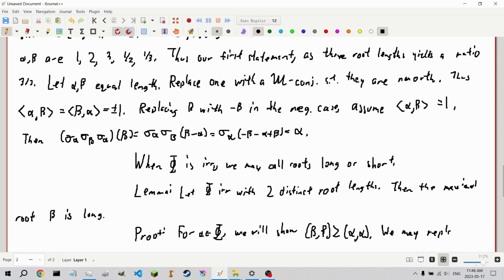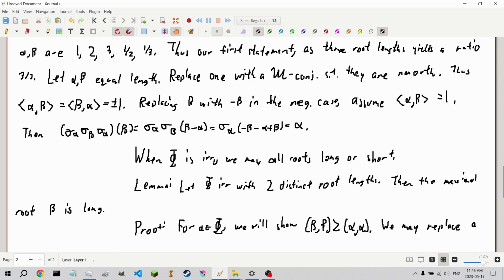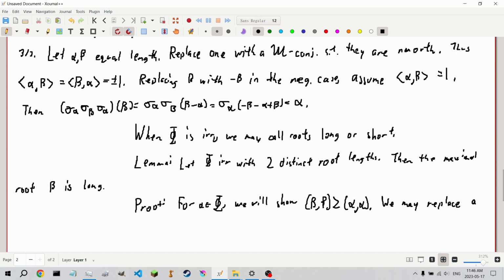So we may replace alpha with a Weyl conjugate in the closure of the fundamental Weyl chamber of our base.